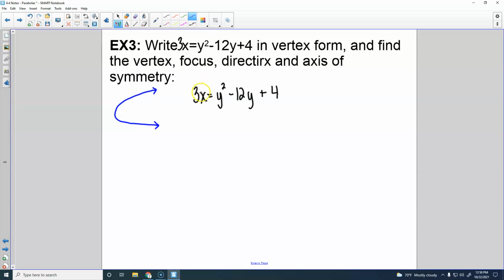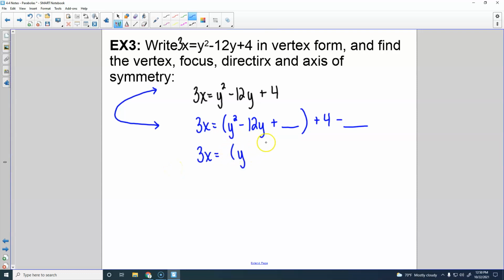So eventually we want to solve for x, but to make our lives a little easier, we're just going to leave this 3 right here right now. We're going to complete the square. So we're going to have y squared minus 12y plus blank plus 4, and then I'm going to put minus blank right here. You don't do anything with this 3x on the left-hand side.